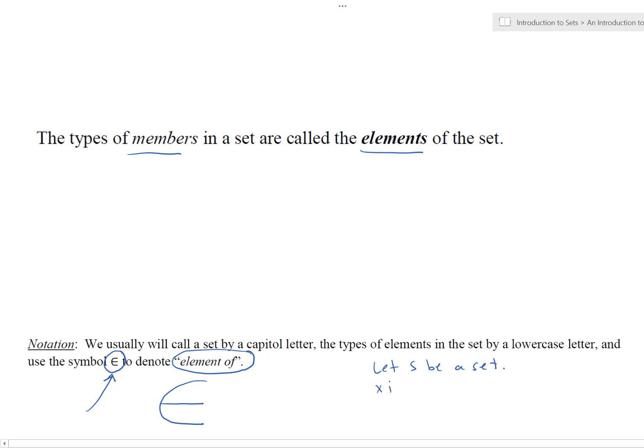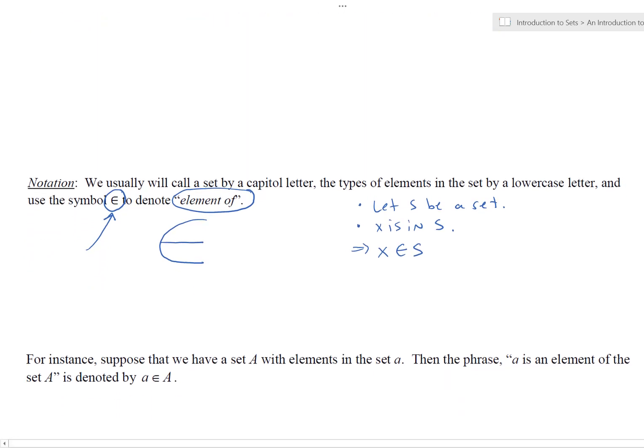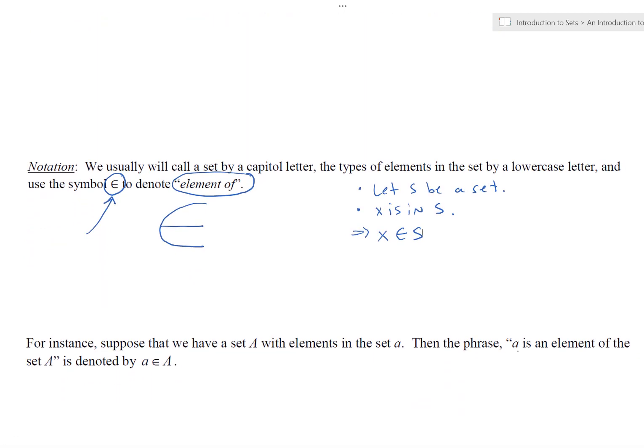Maybe x is in this set S, then we could write x is an element of the set S. It's just notation. So we'll use that notation moving forward. And there's another example right down here, just like I just said, except say a is an element in the set A, big A, then we would write little a belongs to big A, element of big A.